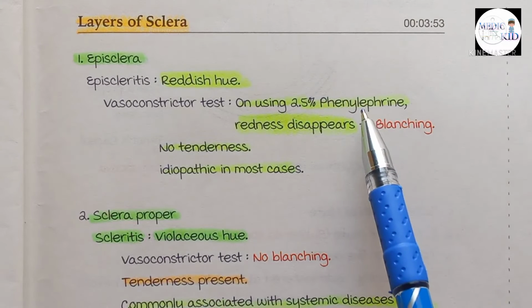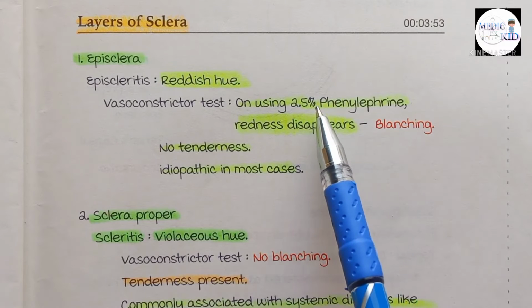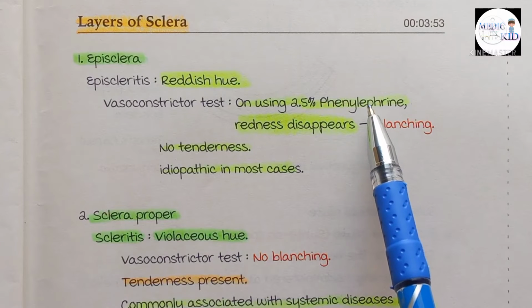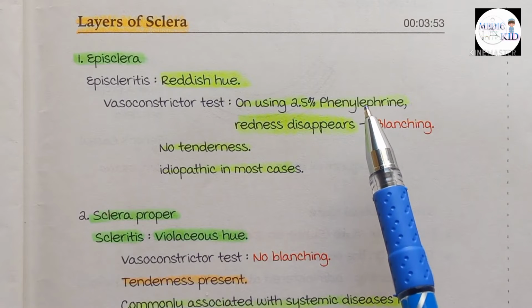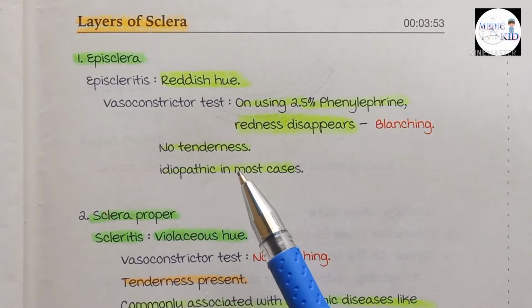Phenylephrine is a vasoconstrictor. So when we put 2.5 percent phenylephrine topically on the eye, on the episclera, which is the outermost layer of the sclera, the redness will disappear. Why?